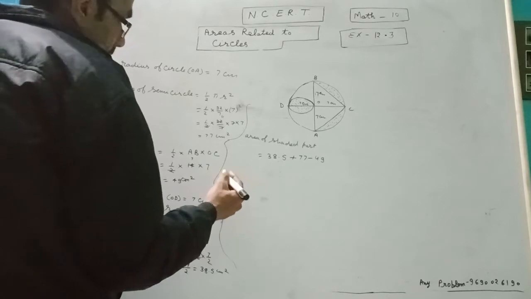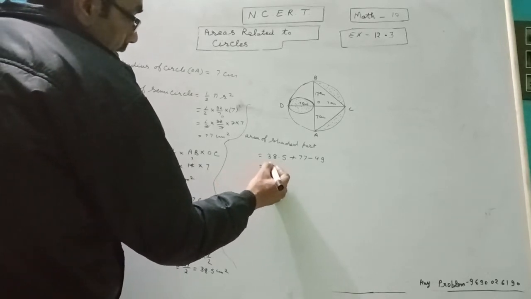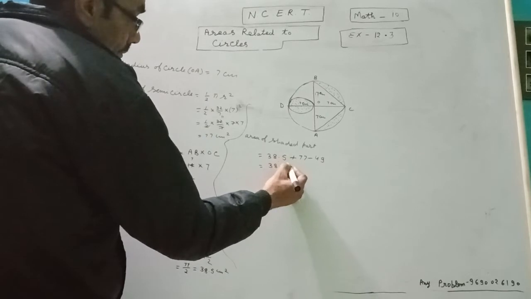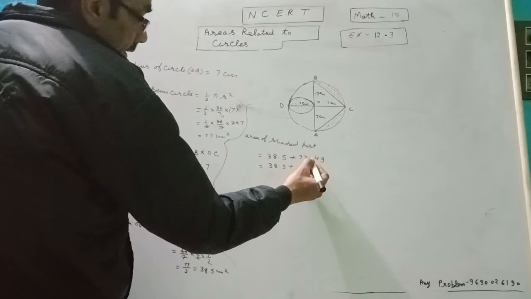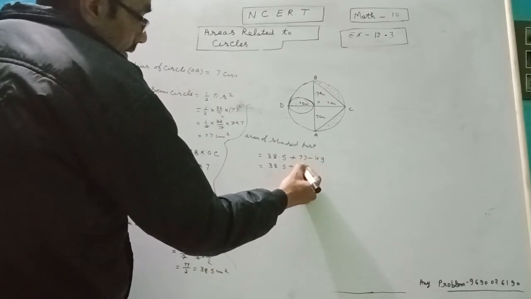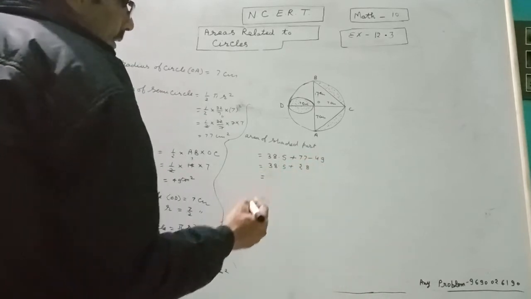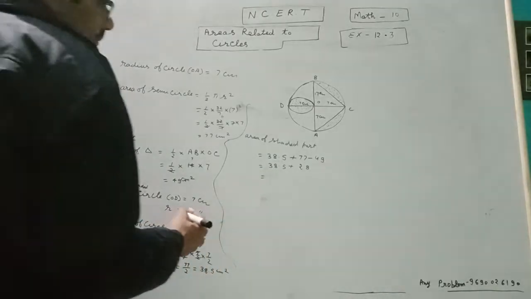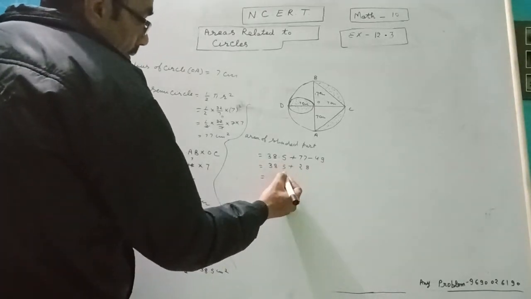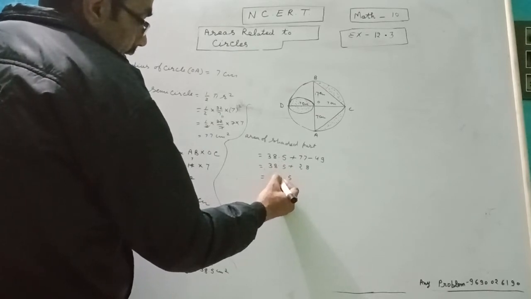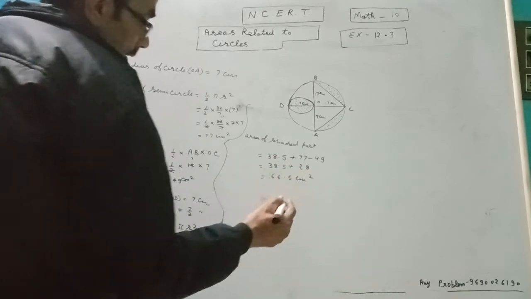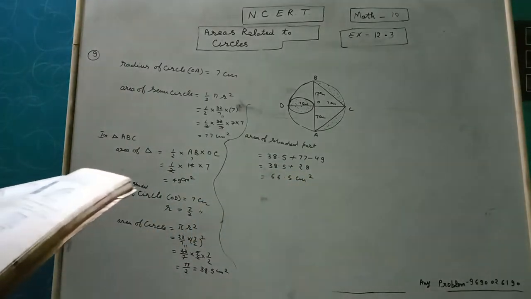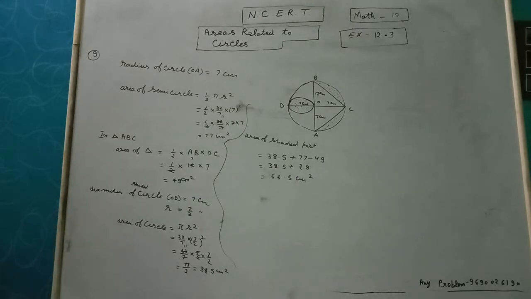Triangle will be subtracted from the semicircle. 38.5 plus 28, after adding, is 66.5 cm square, the area of the shaded portion. Question number 9 is complete.